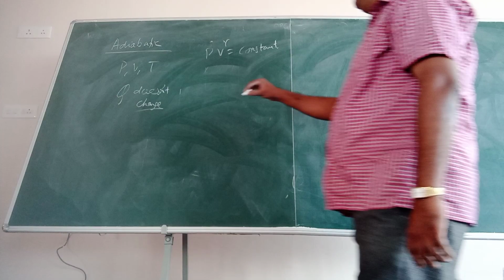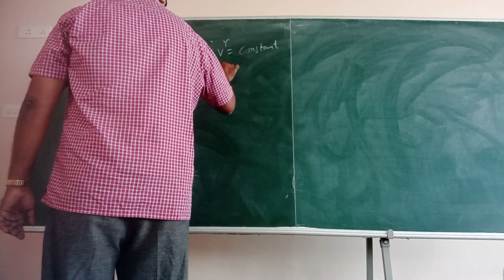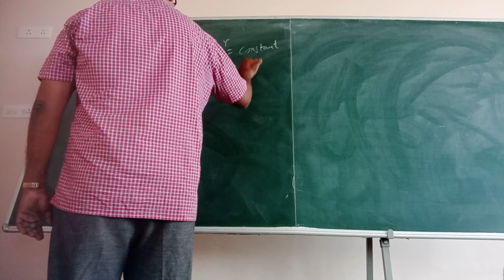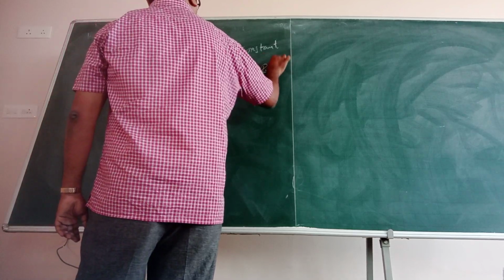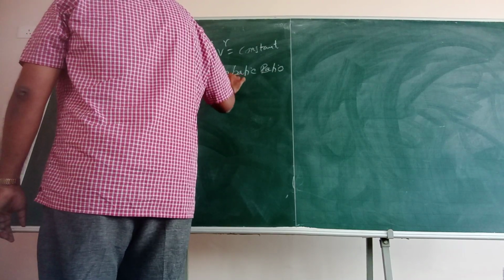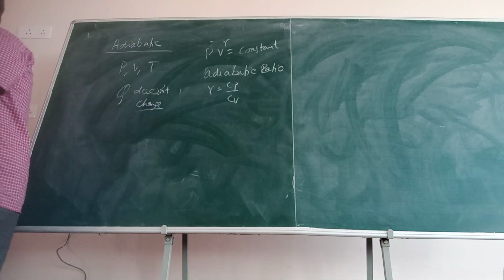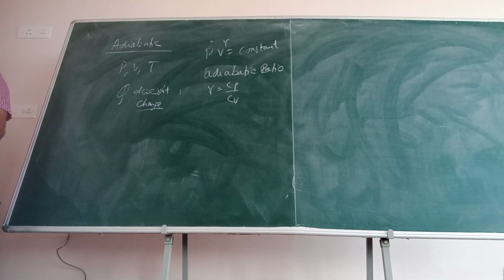What does this gamma mean? We have discussed earlier also, this is called the adiabatic ratio. Gamma is given by Cp divided by Cv.